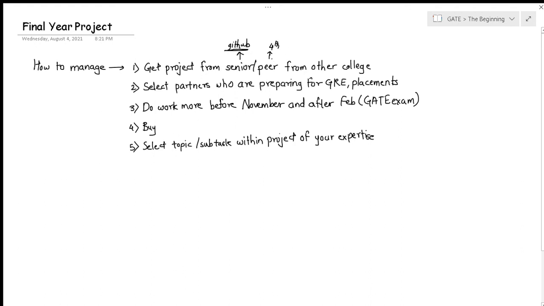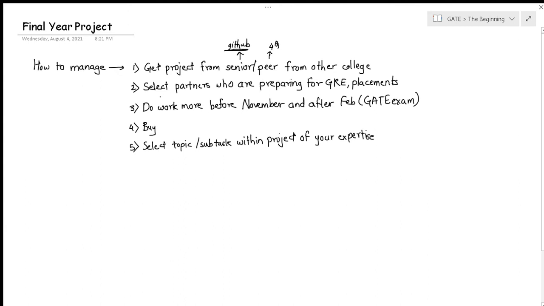Whatever progress they are making, whatever things they are working on, you can take from them and showcase in your project, like that you have done it. So it is another way, and in this case you don't have to worry about other things because they will also be working in parallel with you, but in the other college. So there won't be any complications like the code or the idea is already on the GitHub or the internet, right? So this is the one thing.